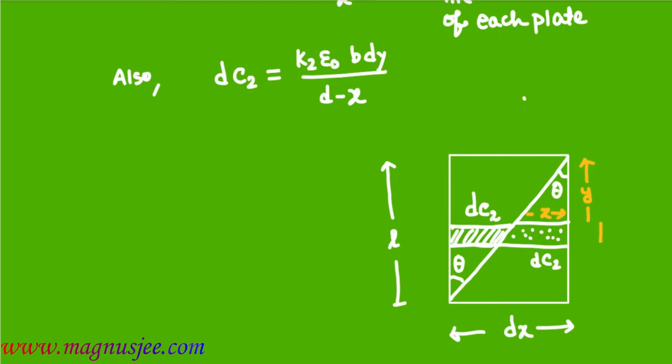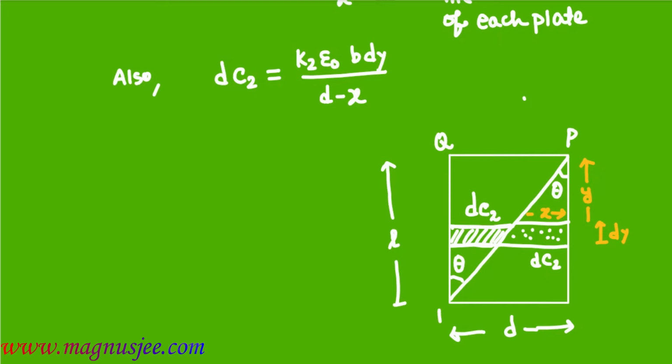That means distance of this elementary portion of capacitance dC1 from the highest plane is y. Height of the elementary portion is dy.